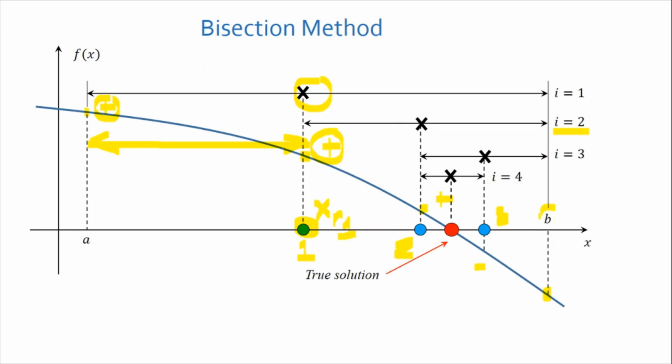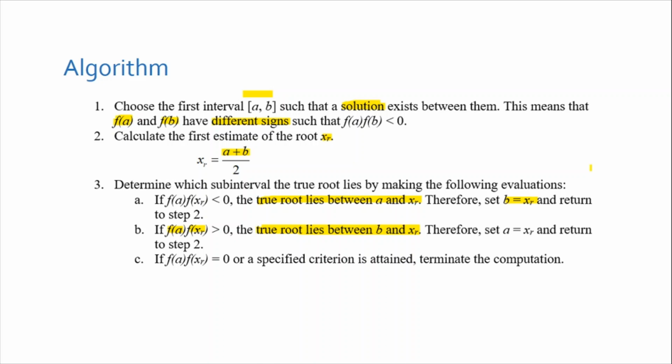So between b and xr, the first estimate of the root, the true root lies here. Therefore, the checking should be that the value of the function at the lower bound multiplied by the value at the upper bound should be negative. This is the checking.